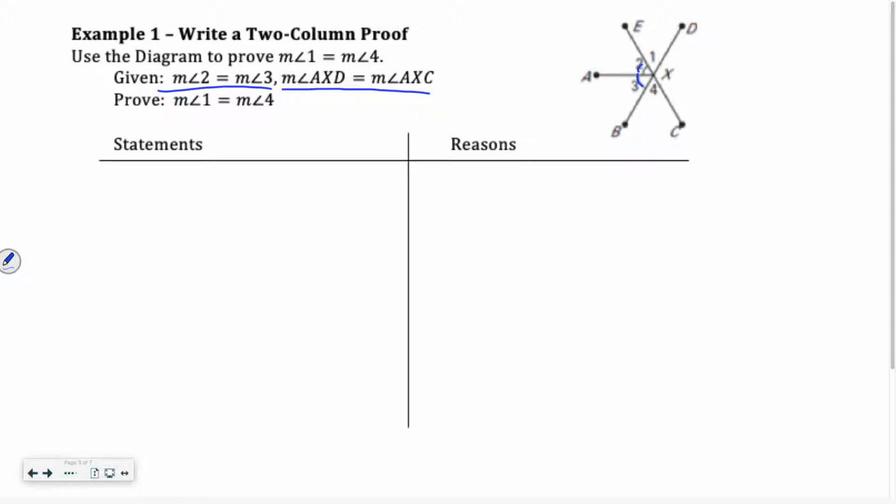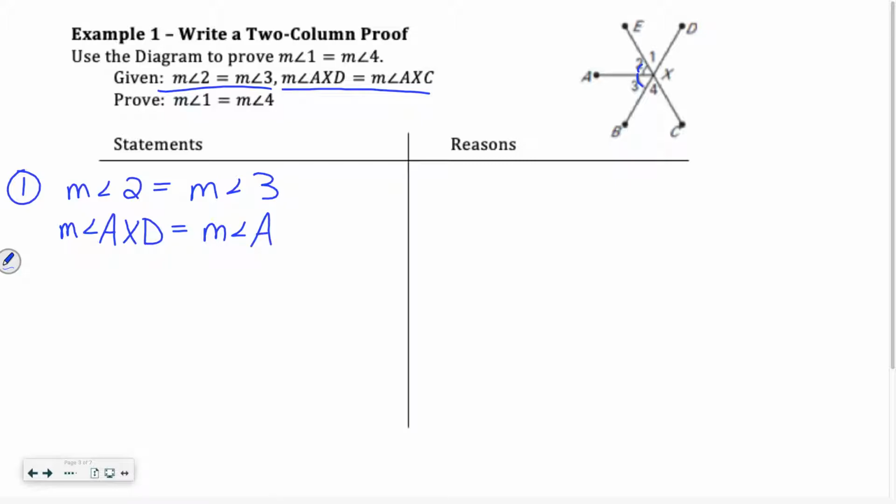So in every proof, you always start with the given statement. No proof should ever be blank, because everybody can write down the given statement. In this case, it's measure of angle 2 equal to measure of angle 3. And they also tell us the measure of angle AXD is equal to the measure of angle AXC.